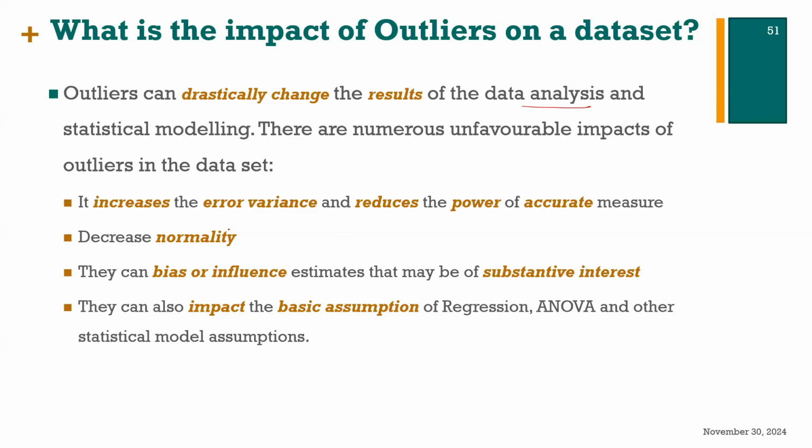So there are several negative impacts that outliers cause to our data analysis. One, it increases the error variance and reduces the power of accurate measures. So the normality of the data is also decreased. They often introduce bias, or they can influence the estimates that may be of substantial interest to the system we are modeling.